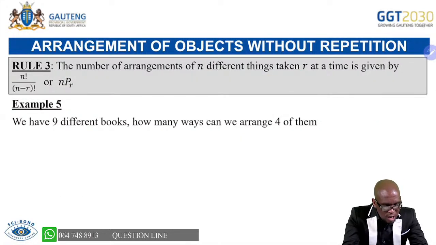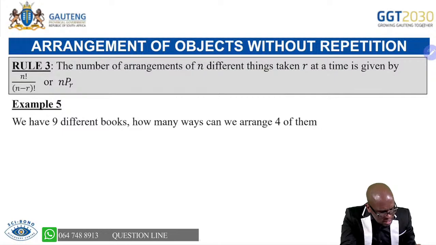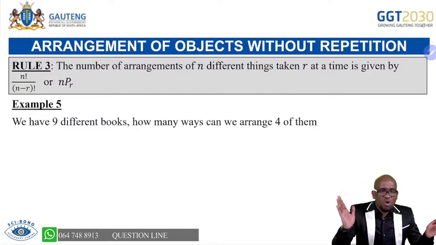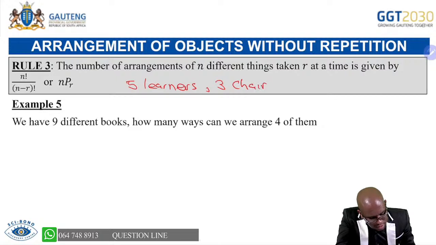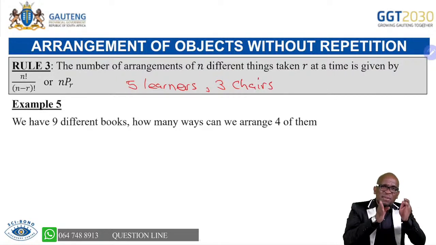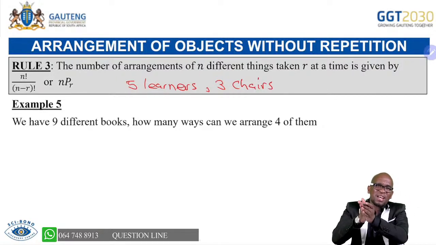Arrangement of objects without repetition. Now, suppose that we want to know, you have 5 learners to be seated in 3 chairs. You see now the number of chairs are less than the number of learners.